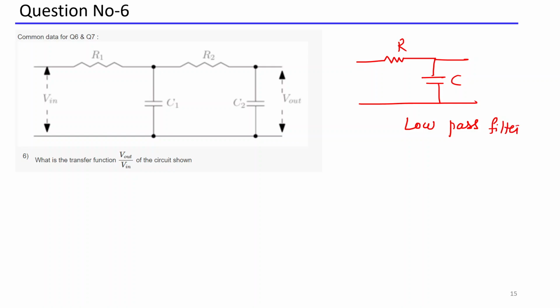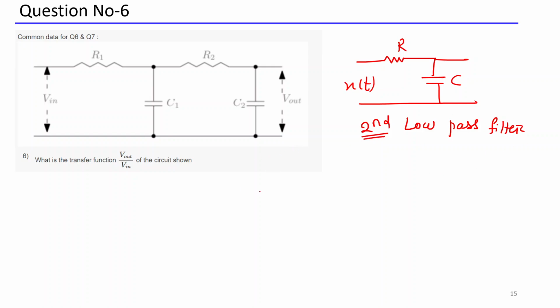If I give any signal x of t here, it will only pass the low frequency component and attenuate the high frequency component. Here, one RC network and another RC network are cascaded together. It means it is a second order low pass filter.